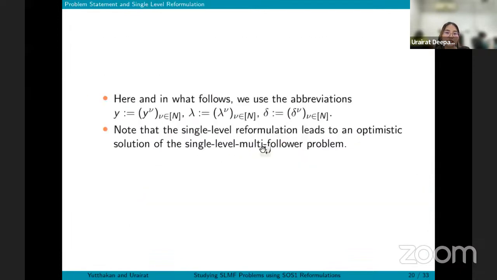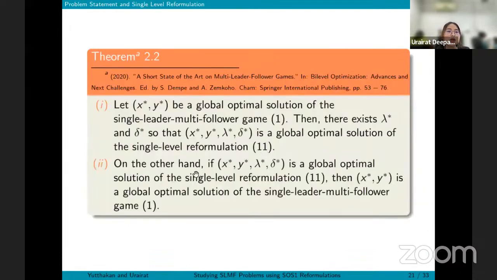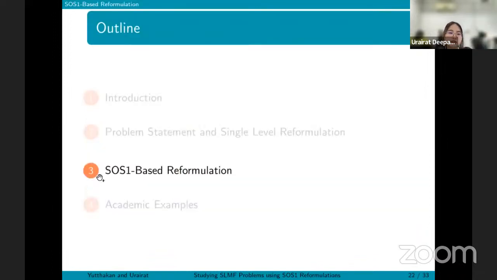And second, if x star, y star, lambda star, delta star is a global optimal solution of the single level reformulation from equation 11, then x star, y star is a global optimal solution of the single leader multi-follower game of problem 1. Next, I will show how to use the slack variables to help solve problem 11.